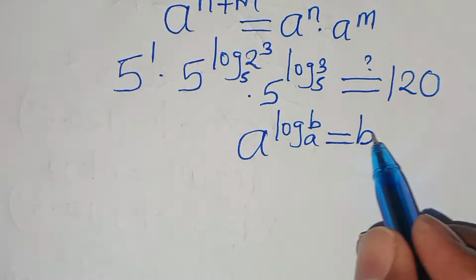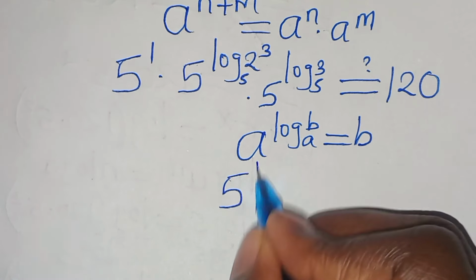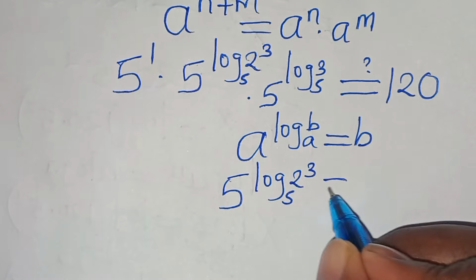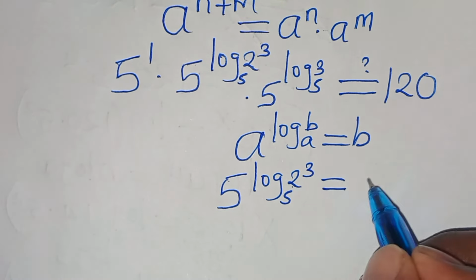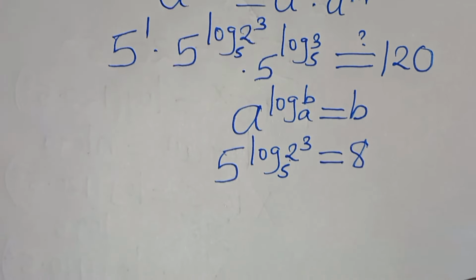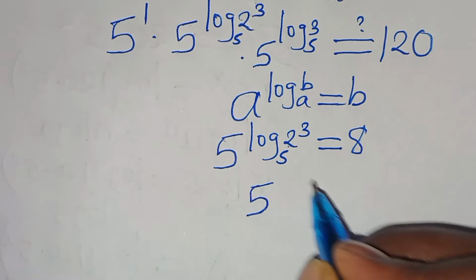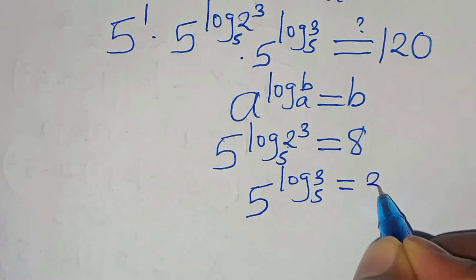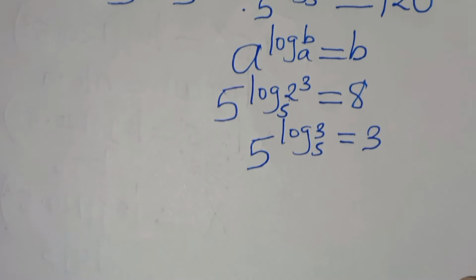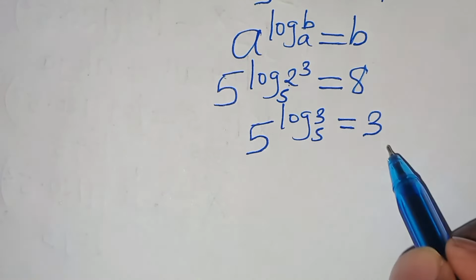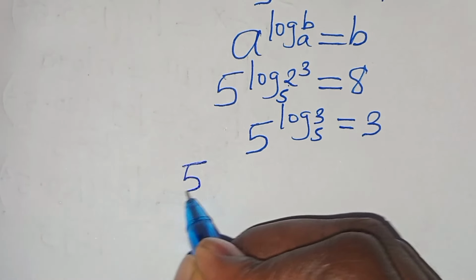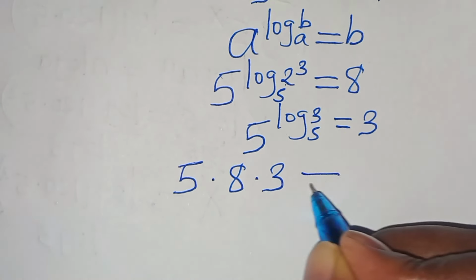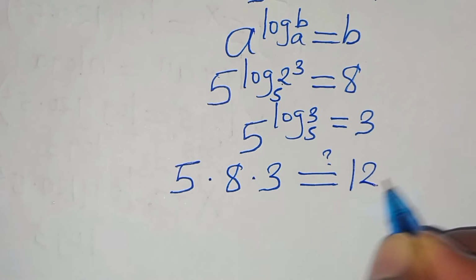Applying this logarithm property, then 5 to the power of log 2 to the power of 3 to base 5 should give us a value of 2 to the power of 3, which is 8. And 5 to the power of log 3 to base 5 should give us a value of 3. So let's substitute 8 and 3. So we have 5 times 8 times 3. This is supposed to give us a value of 120.